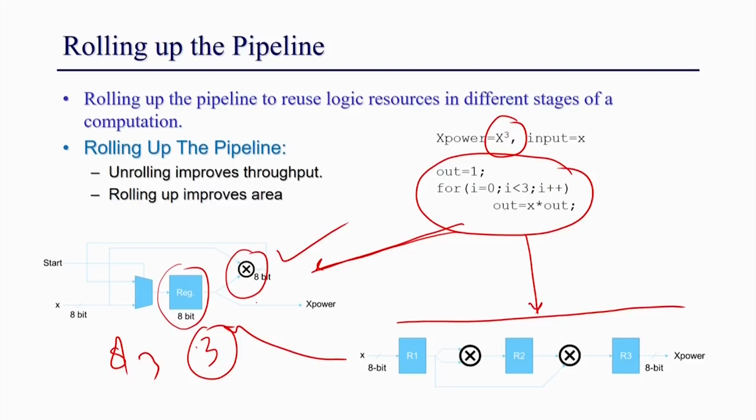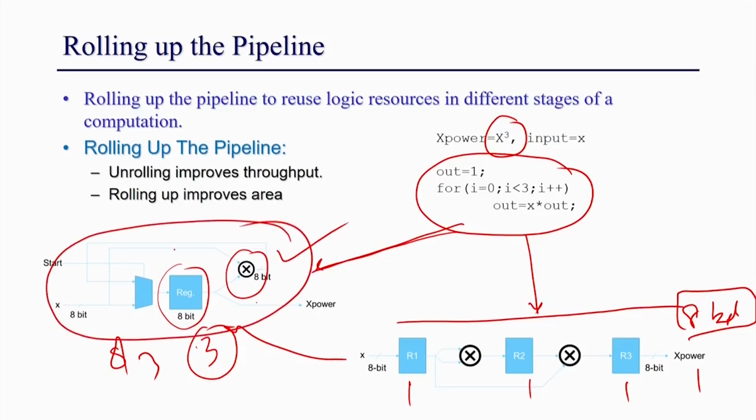In this pipeline design, all these components run in parallel, and the throughput is 8 bits per clock. The latency is 3 cycles, but effectively your throughput is 8 bits per clock, but your area is less here if you do the iterative version.